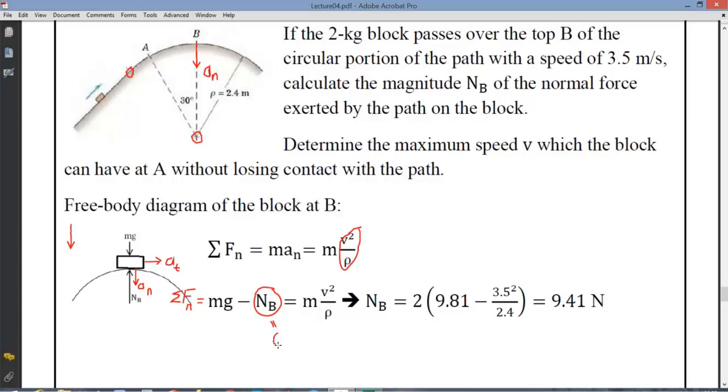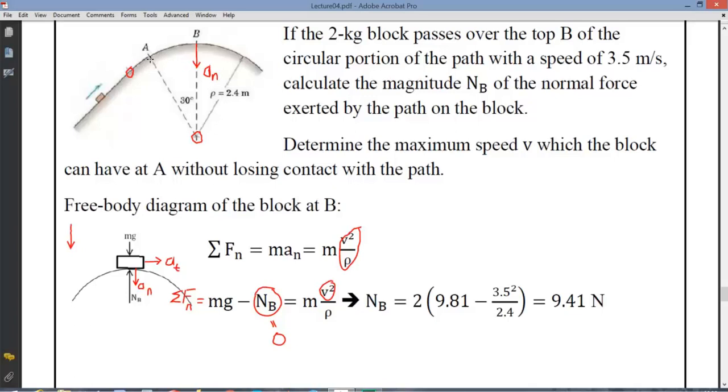In that way, there is no contact between the path and the block, and in that case the only unknown becomes v, and from this equation you'll be able to solve for v. This is exactly the same type of strategy we're going to follow in the next part of the question, which is asking us the maximum speed at point A.